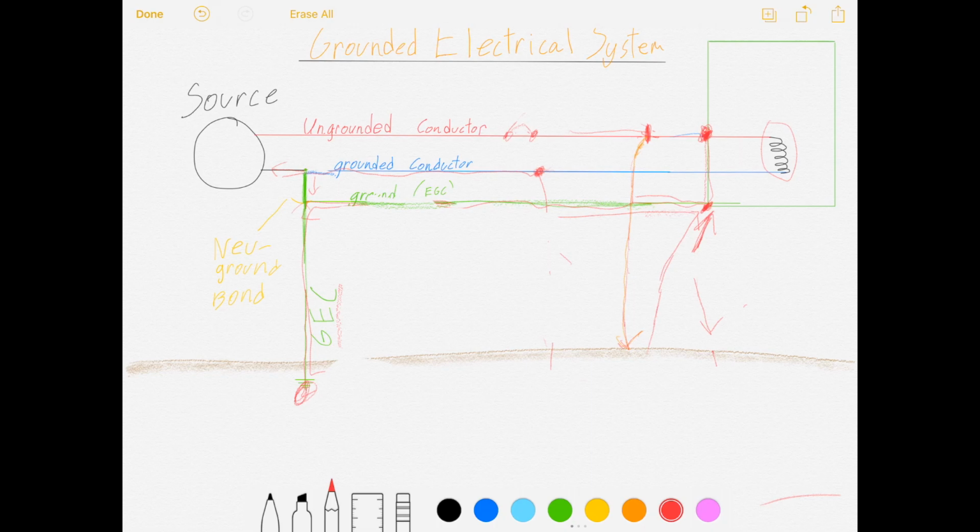And the reason goes back to the fact that current cannot flow into anything if there's not a way for it to get from there back to the source. So because it has nowhere to go, it cannot go into this ground system here. It will just continue flowing right on past to the source.